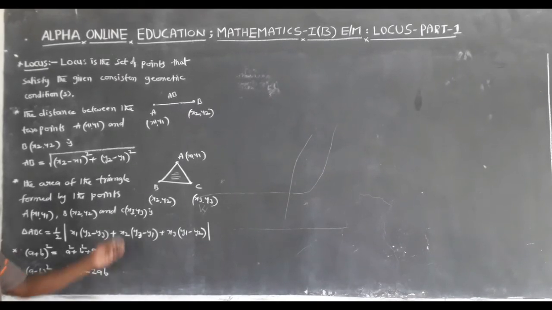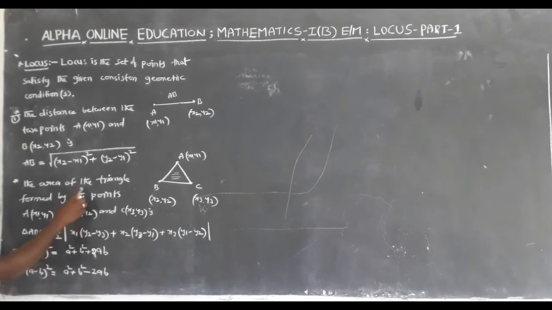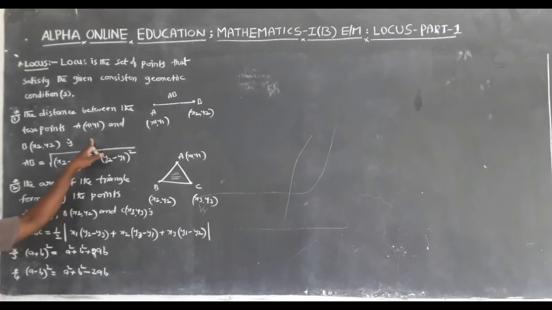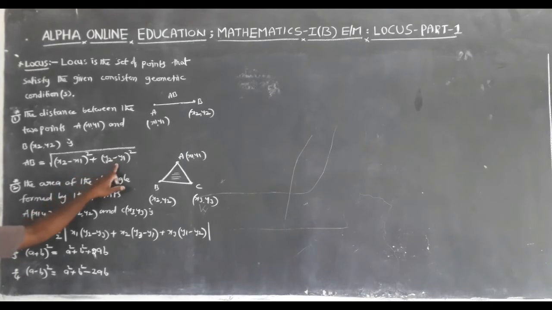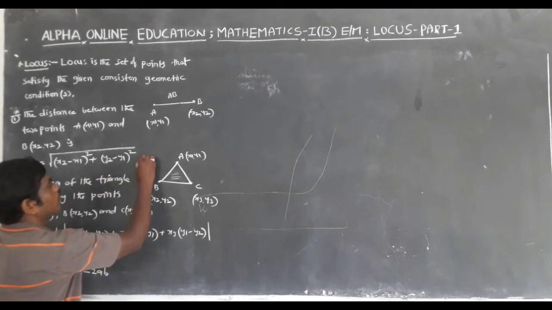In this chapter, we use these four formulas. First one is the distance between the 2 points, the square root of (x2 minus x1) whole square plus (y2 minus y1) whole square.